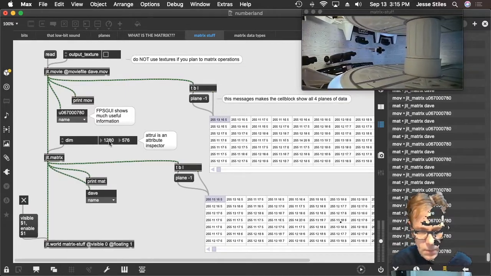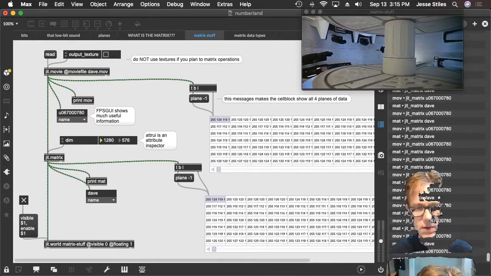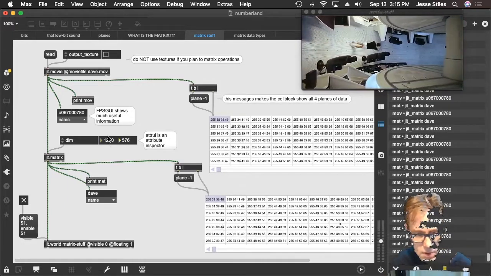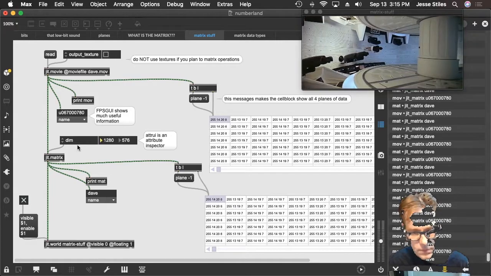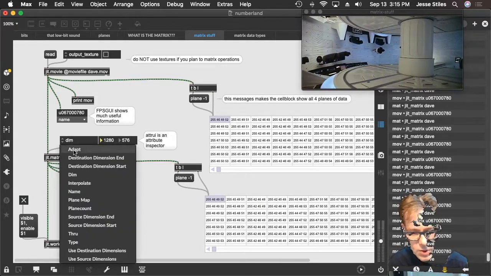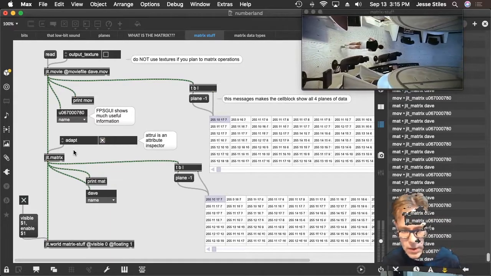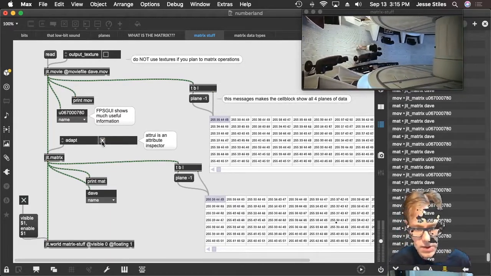Let's try to change the resolution of this by going to DIM, and actually this isn't going to work. I'm trying to change these numbers and I can't. This is because we have to first go to the adapt attribute for a matrix and set that to 0.